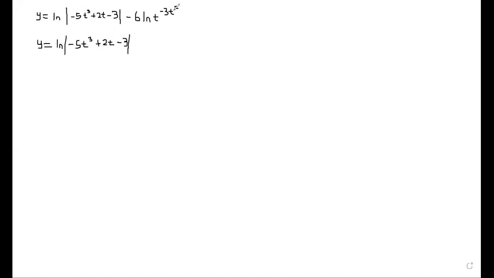Now if you take this exponent down, it will become positive 18, because it's going to multiply into the 6. So 18t squared, ln t. Okay, now we can start working.